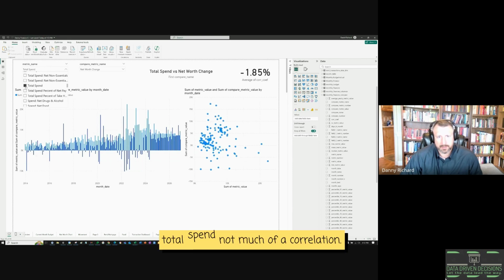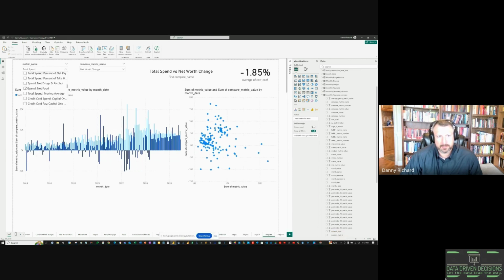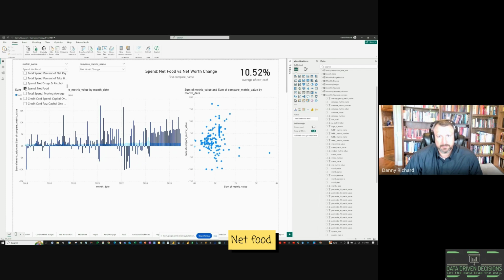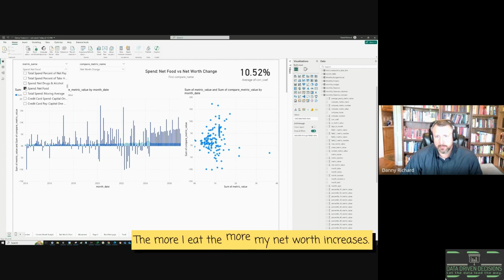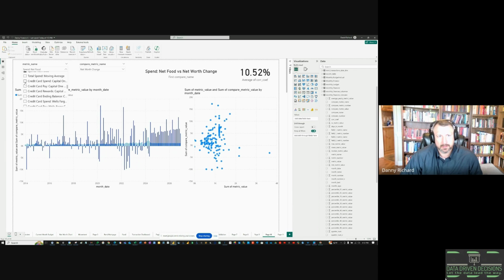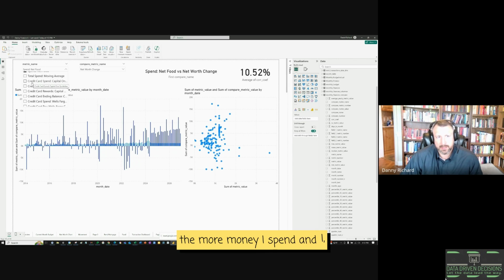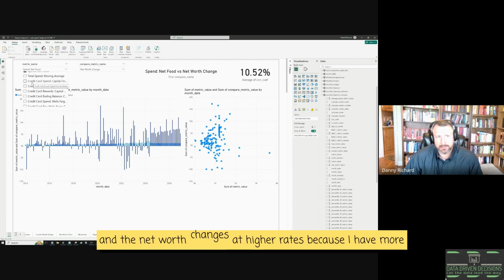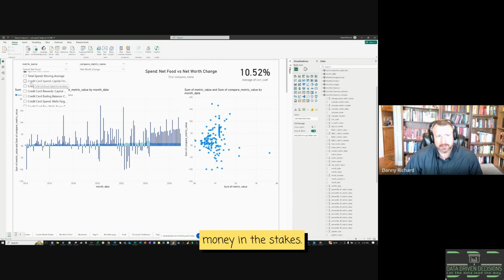Oddly enough, total spend, not much of a correlation. Net food, the more I eat, the more my net worth increases. Now this is a lot because over time, the more money I made, the more money I spend, and the net worth changes at higher rates because I have more money in the stakes.